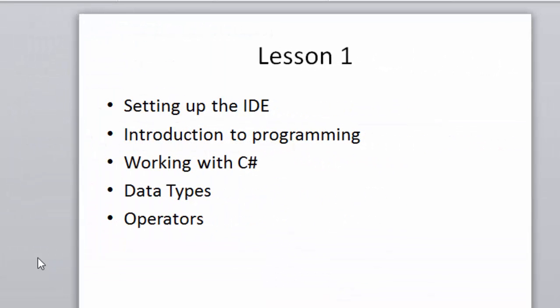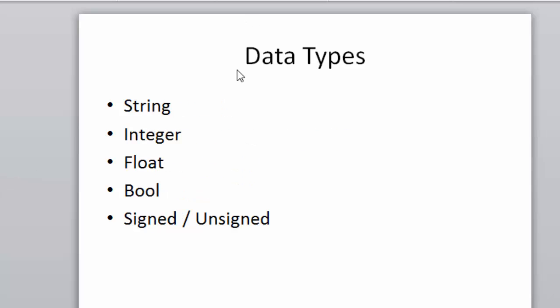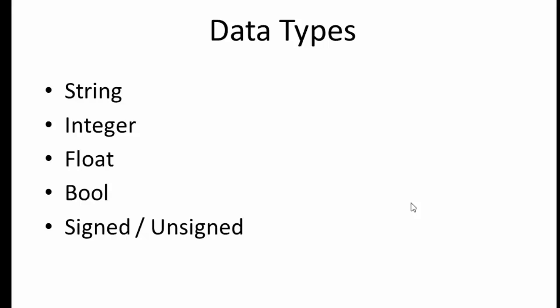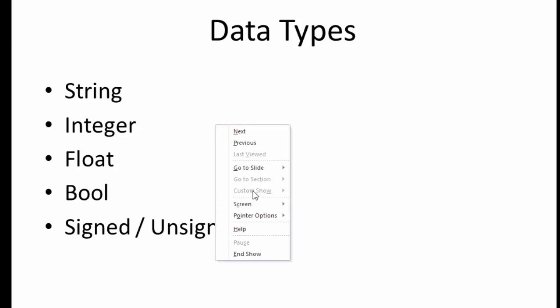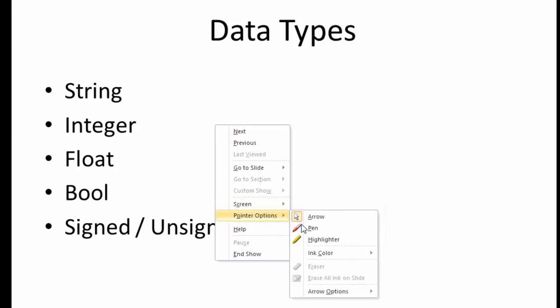So, the first thing we want to see is what are data types. There are a selection of different types of data types, but essentially they are containers. Imagine this. I'm going to use the pen for this one.